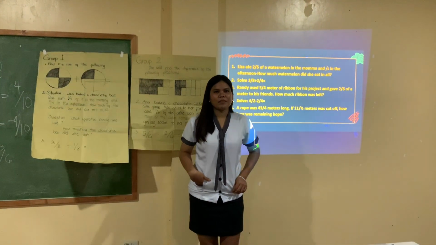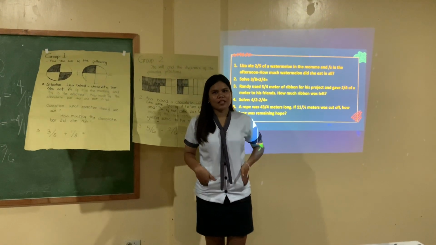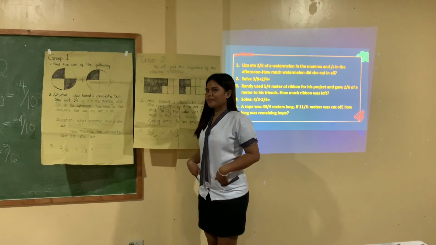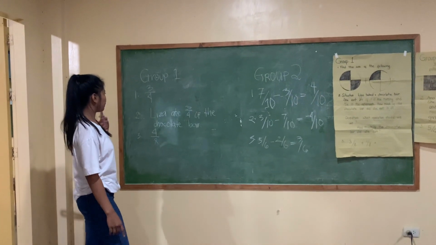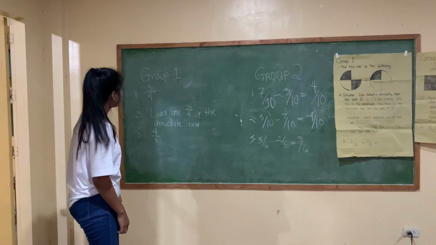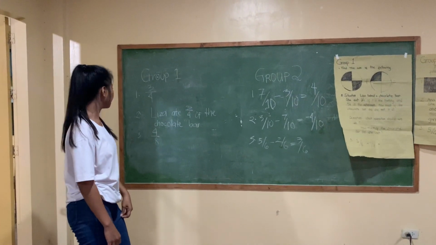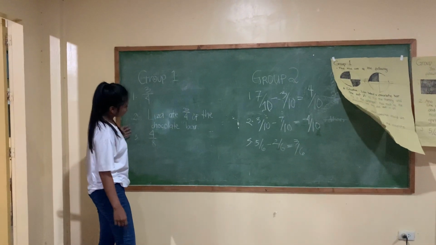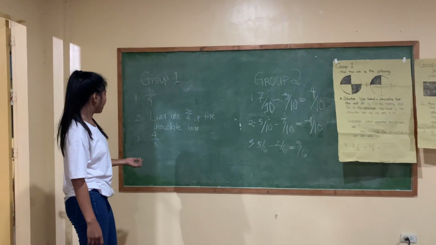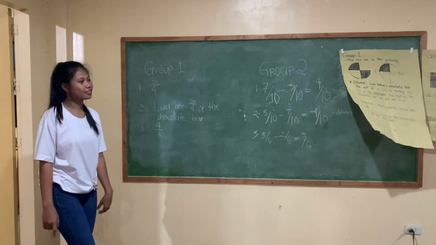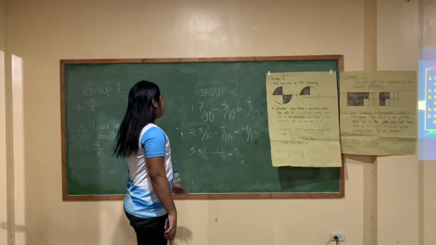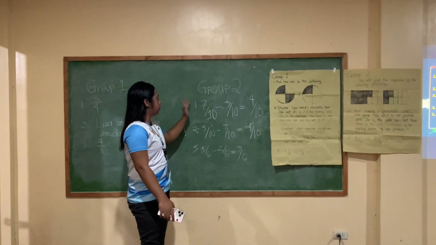Okay class, time's up. So now let's present your group activity. Here is the work of group 1. Number 1 answer is 3/4 and number 2, Lisa ate 3/4 of the chocolate bar. And number 3 is 4/8. Okay classmates, here are the answers of group 2.